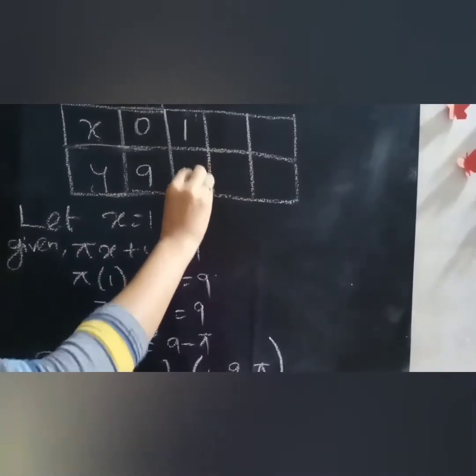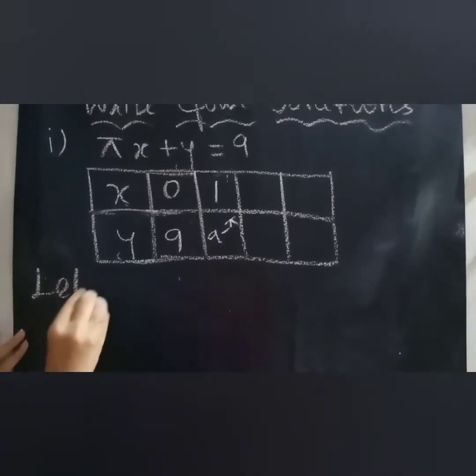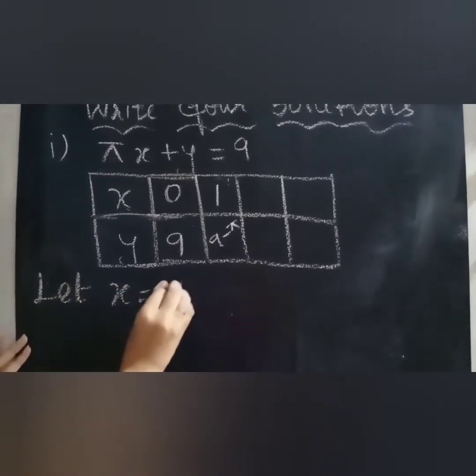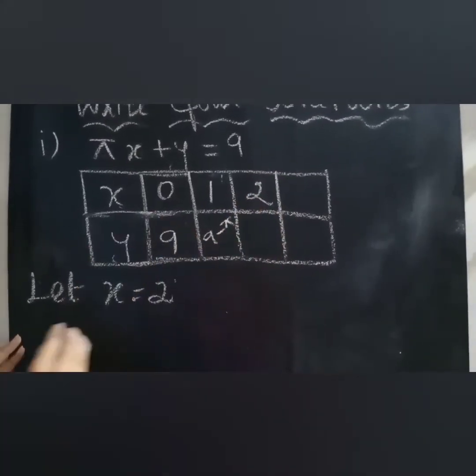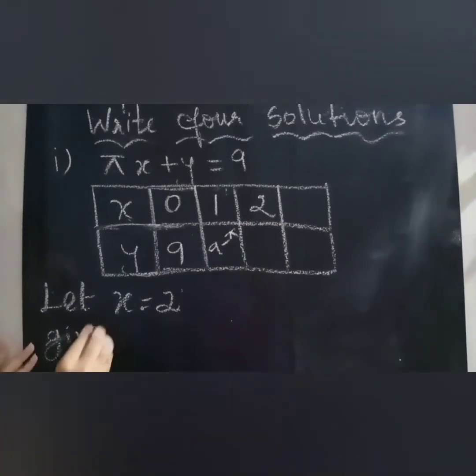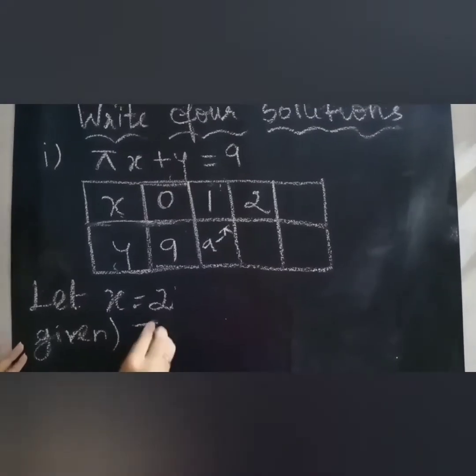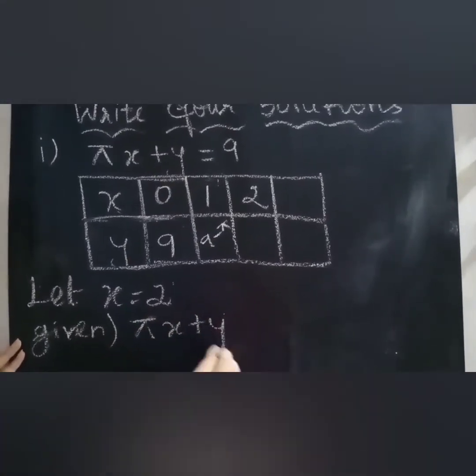Okay, let's find the third solution. Let x equal to 2. Just substitute this value in the given equation pi x plus y equal to 9. Here the x value is 2.